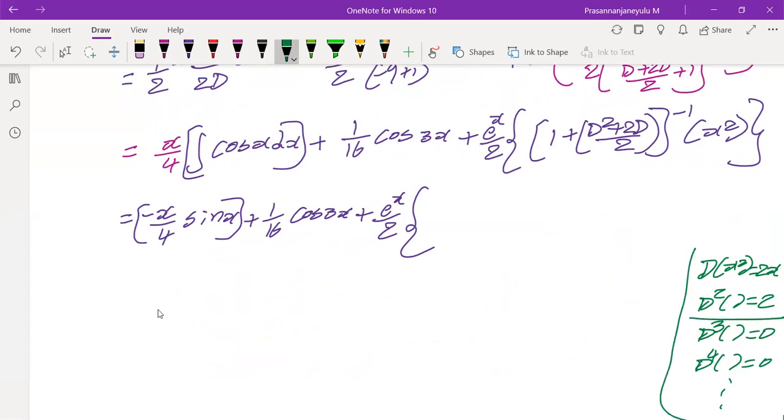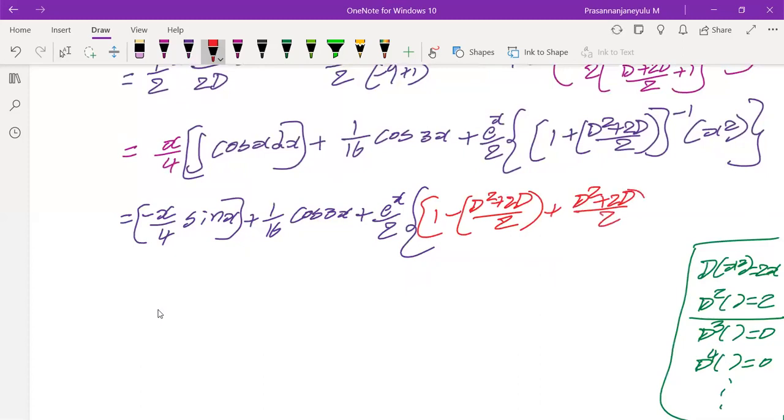Okay, up to the second derivative exists, so up to power 2 we have to expand. 1 minus, it is 1 plus d whole power minus 1, 1 minus d square plus 2d by 2 plus d square plus 2d by 2 whole square minus and so on of x square.